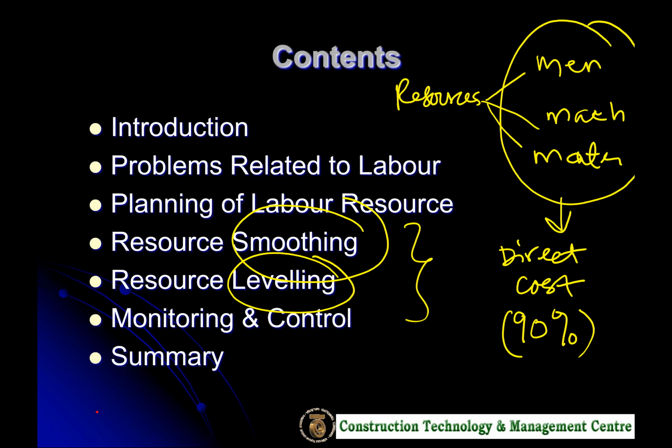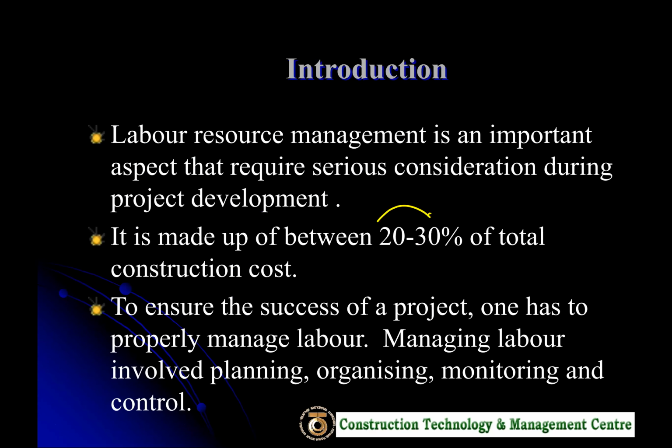Okay. If we split them equally, man, machine, and material, so each of these thing would be around 30%, 30%, and 30%. But it depends very much on the type of the construction. For instance, infrastructure works or heavy engineering work might involve a lot of machineries and material compared to laborers.